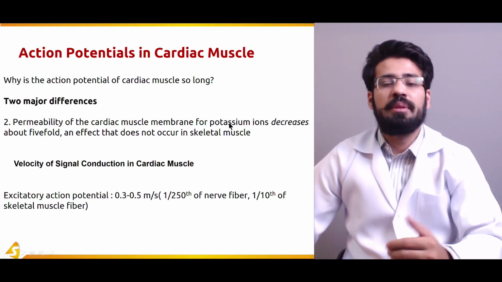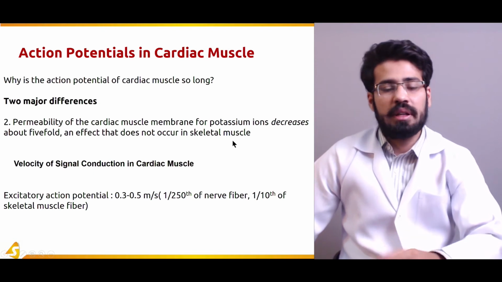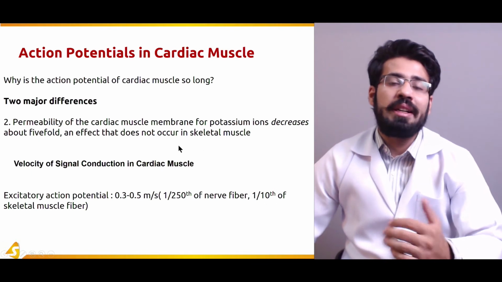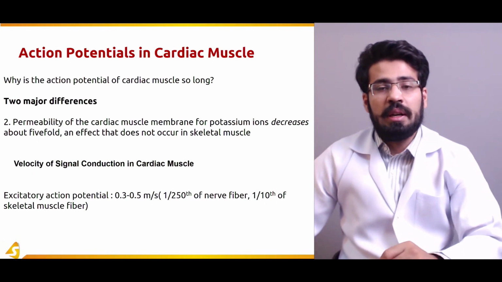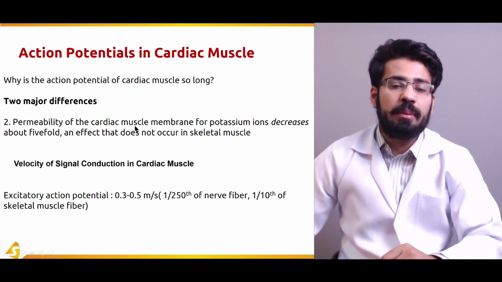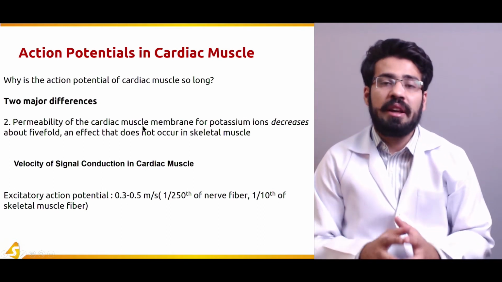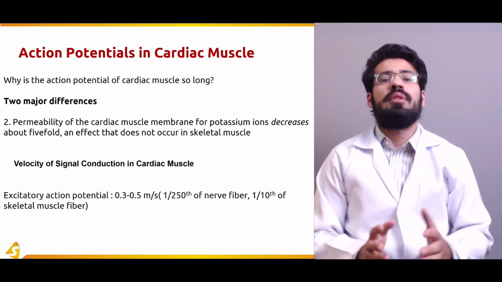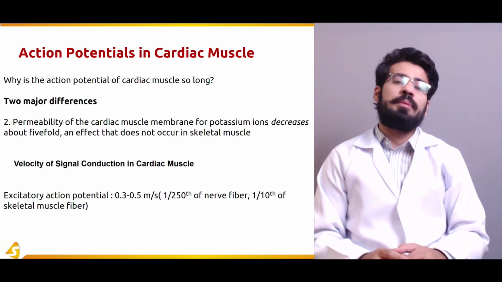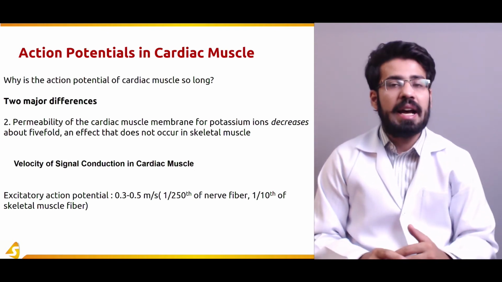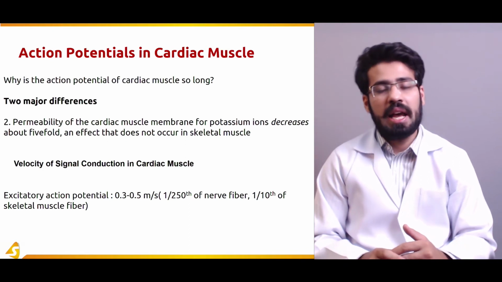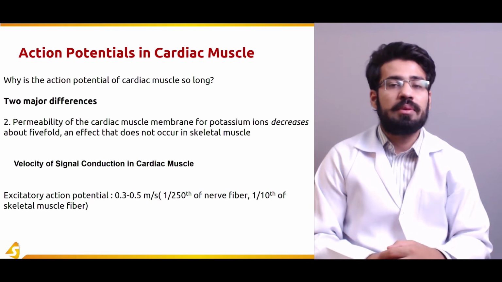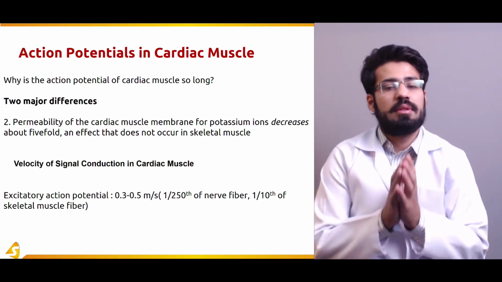So the permeability for potassium ions decreases in the cardiac muscles. This gives the cardiac muscle a much more prolonged time for the contraction to occur and to remain in contraction, because the potassium ions are moving much more slowly in the cardiac muscles as compared to the skeletal muscle, where they move very fast and cause the repolarization and the end of the contraction process.